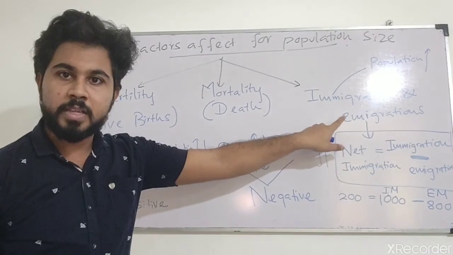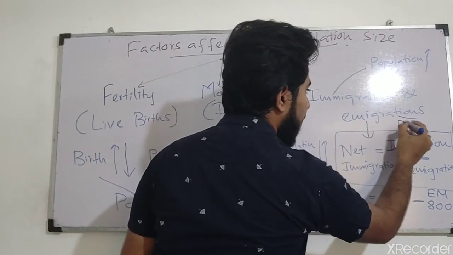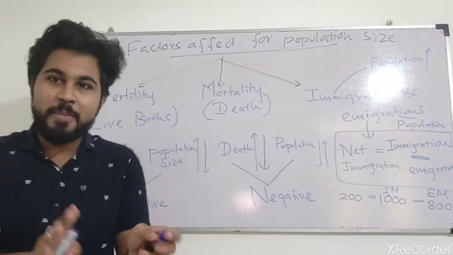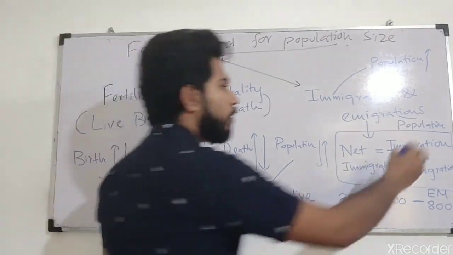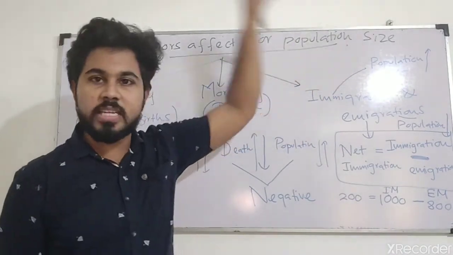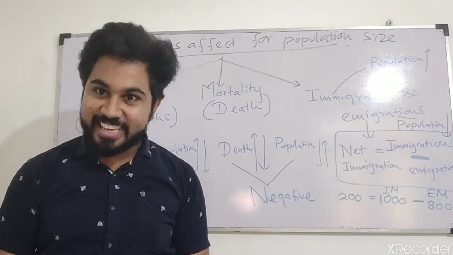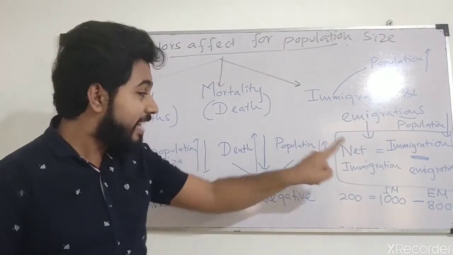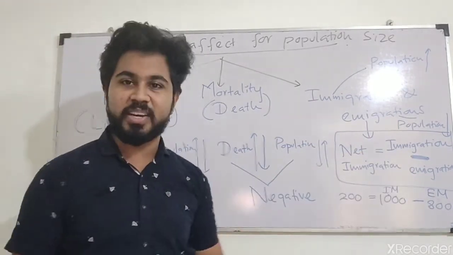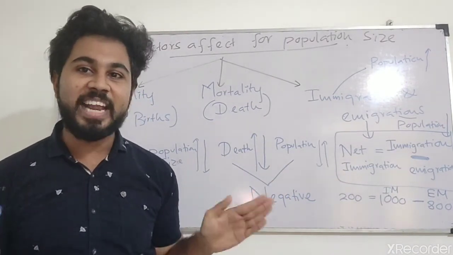And what does emigration cause? Emigration means people go out. Then what will happen to the population? It goes down. That means it is very clear that immigration causes a rise in the population and emigration causes a decline in the population. Anyhow, net migration is the difference between immigration and emigration, and net migration and population have a positive relationship.